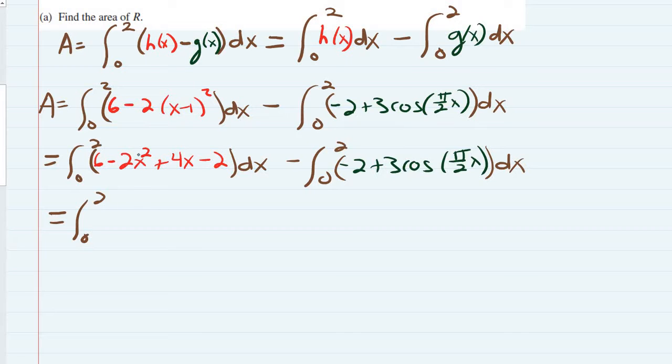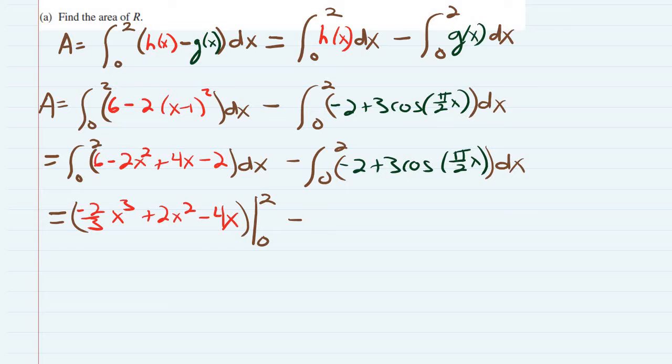The antiderivative of negative 2x squared gives us negative 2/3 x cubed. The antiderivative of 4x would be 2x squared. 6 minus 2 is 4, and that antiderivative is 4x. We're going to evaluate that from 0 to 2.